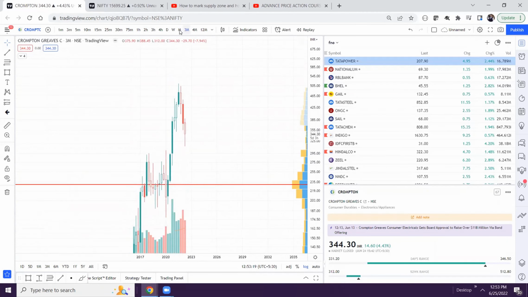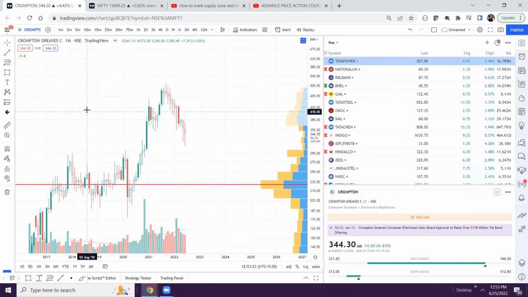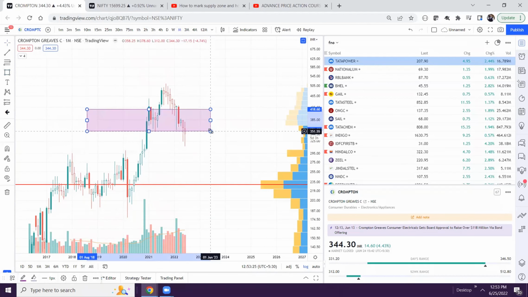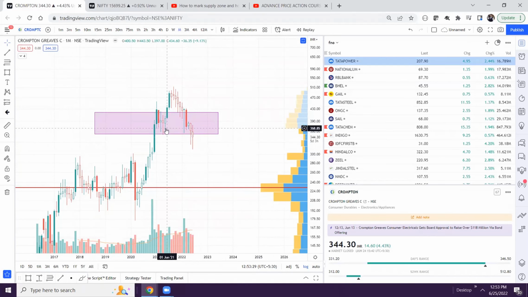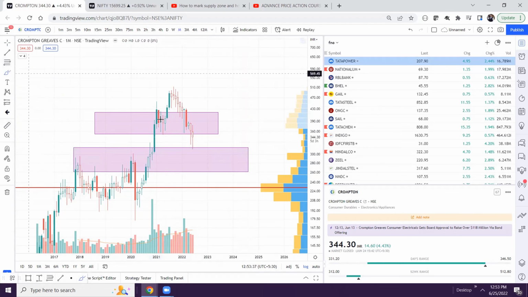So see, this is a demand zone. Now, if demand zone is broken, it means buyers are not interested now. Now, see, this is another demand zone. What will happen in most cases is, once a demand zone breaches, that becomes a supply zone.